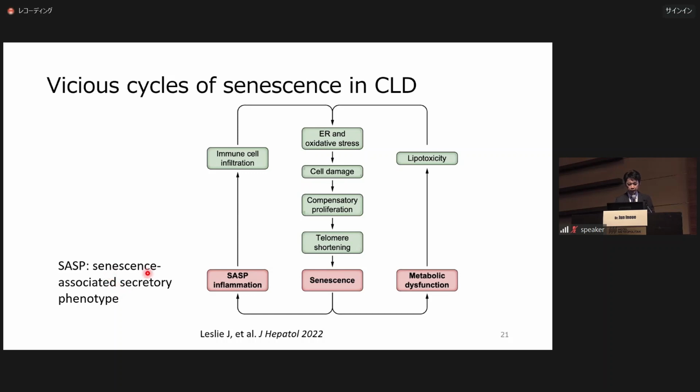SASP is the senescence-associated secretory phenotype and induces inflammation, and this is a cause of ER and oxidative stress. And senescence induces metabolic dysfunction, leading to lipotoxicity and ER and oxidative stress. So such cycles are formed in HCV-infected patients.